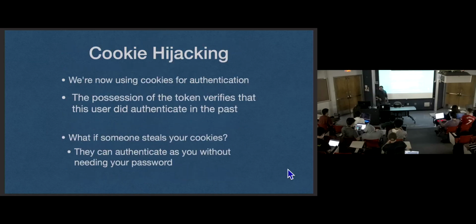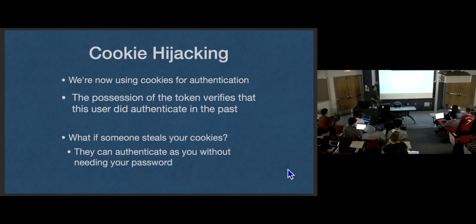Because cookies can be stolen. So our authentication tokens are very valuable. If somebody steals that token, which is a pretty lucrative target for attackers, it's bad. If you want to log in as your friend and they won't give you their password, don't do this, by the way, but you can get their laptop, go to cookies, and grab their auth token.